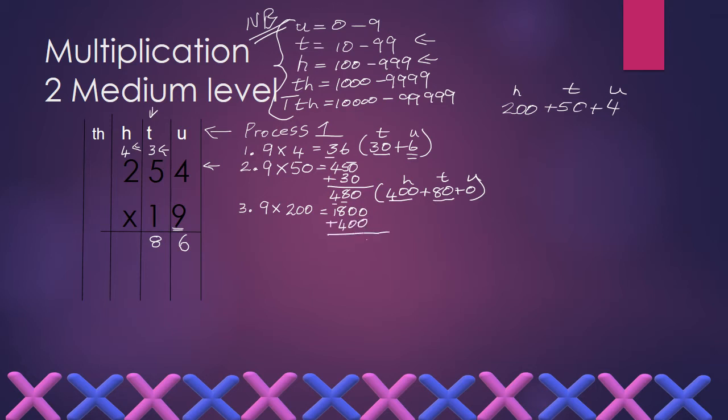So 0 plus 0 is 0, 0 plus 0 is 0, 8 plus 4 is 12. Carry up the 1, 1 plus 1 is 2, so we come with 2200, which is written as a 2000 plus 200 plus, and I'm going to put here double 0 just to show that that's the tens column, that you just understand it as a student.